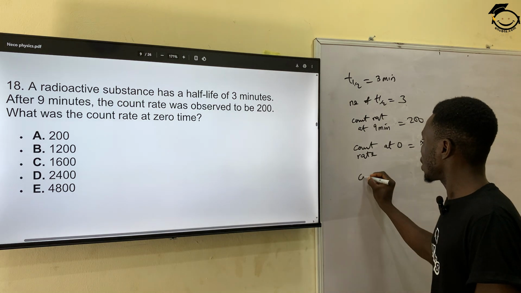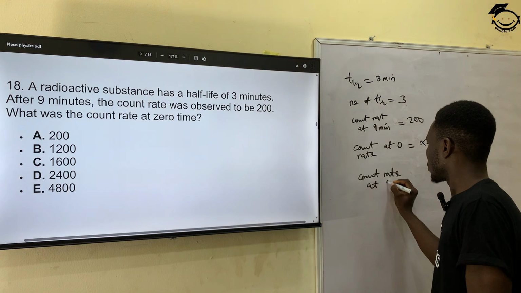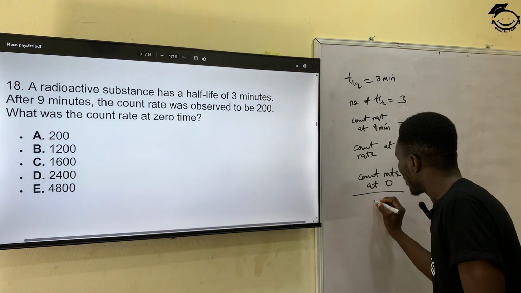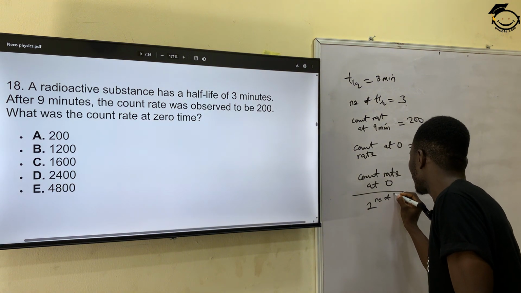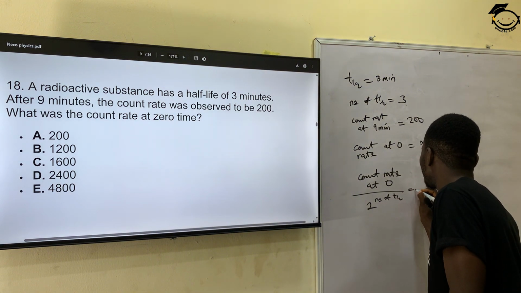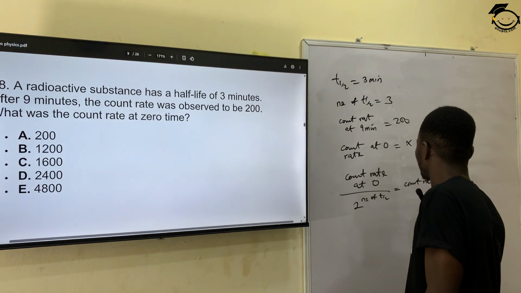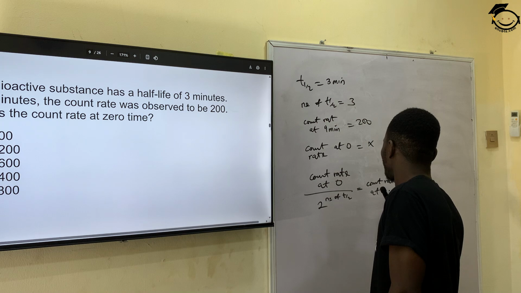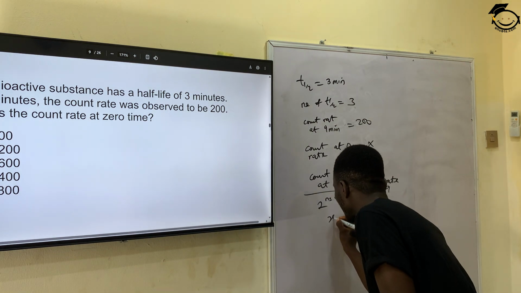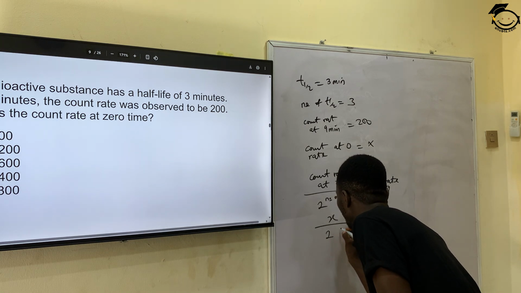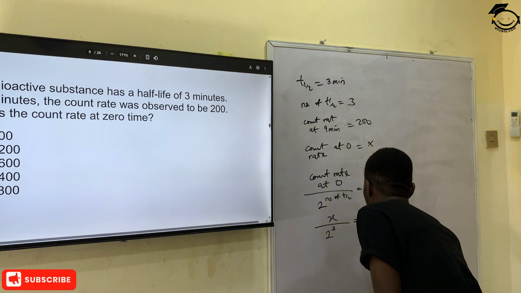And we know that count rate at 0 over 2 raised to power number of half-life is equals to count rate at 9 minutes. So this means that I have x over 2 raised to power 3 is equal to 200.